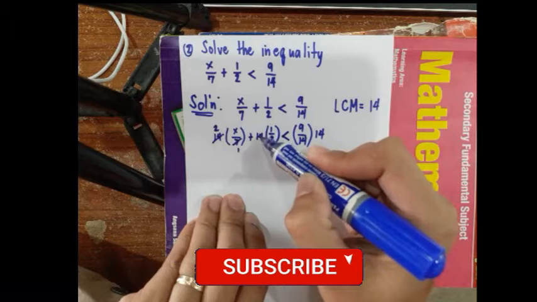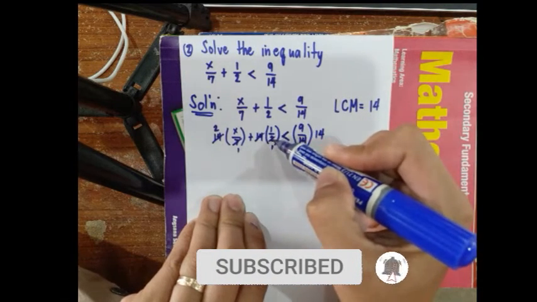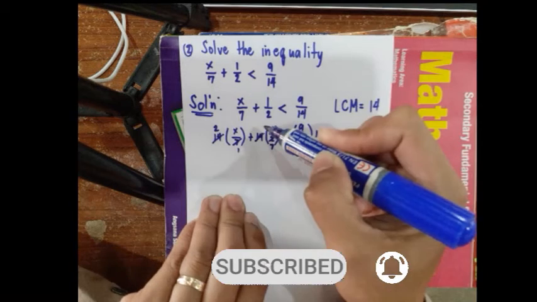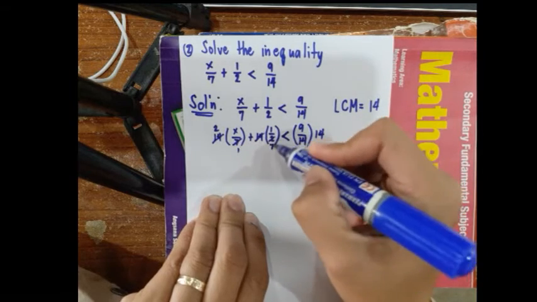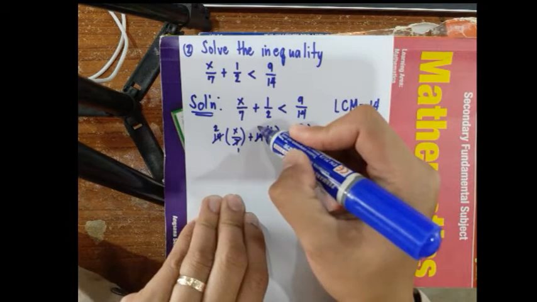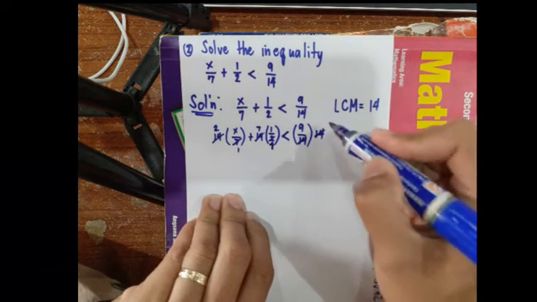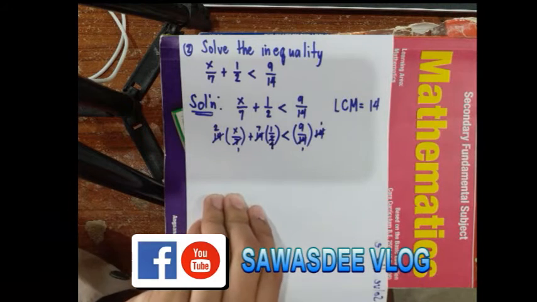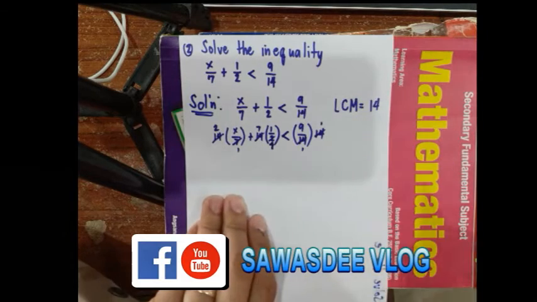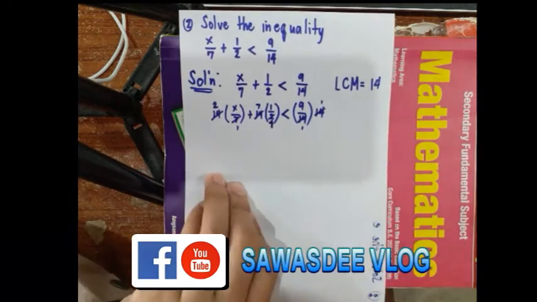Same on the other side: 14 divided by 2 is 7. Then 14 and 14 become 1 and 1. Now we are ready to solve this because we cleared the fractions.